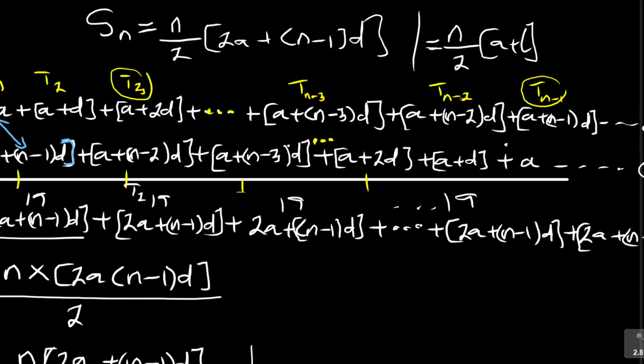This is tn minus 1, this is tn minus 2. That's the right one. The last one is tn, then tn minus 1, tn minus 2.